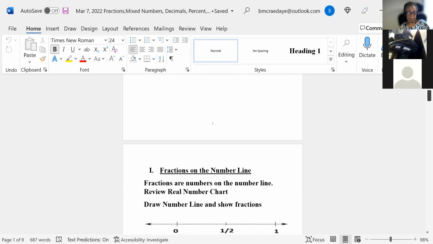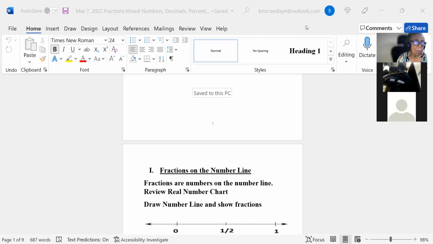All right. Now I want to look at fractions on a number line. So let me do a new share. And actually, I want to go to the whiteboard. Can you see the whiteboard, Maureen?